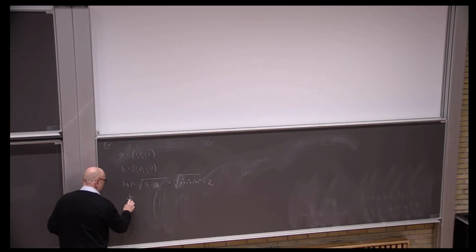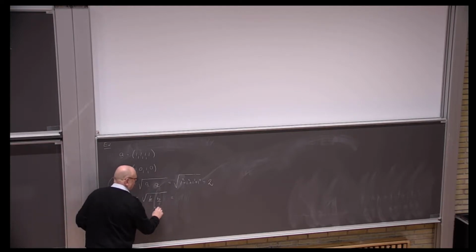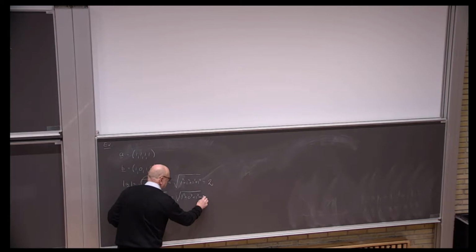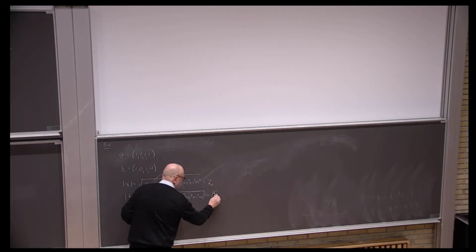And similarly, we have the length of B, and this will be 1 squared plus 0 squared plus 1 squared plus 0 squared. And this is 2, so this is the square root of 2.